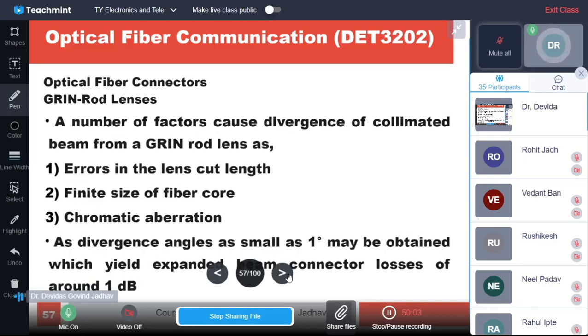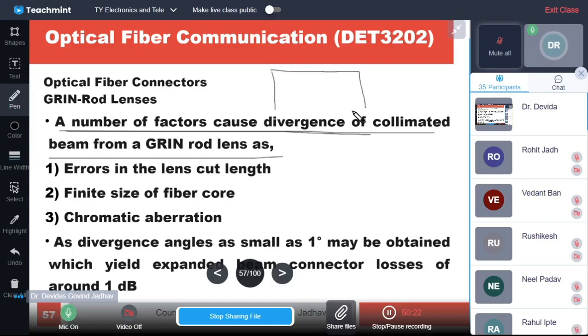So these are the green rod lenses, and a number of factors cause divergence of the collimated beam from green rod lenses. That means the green rod lens is collimating the beam.